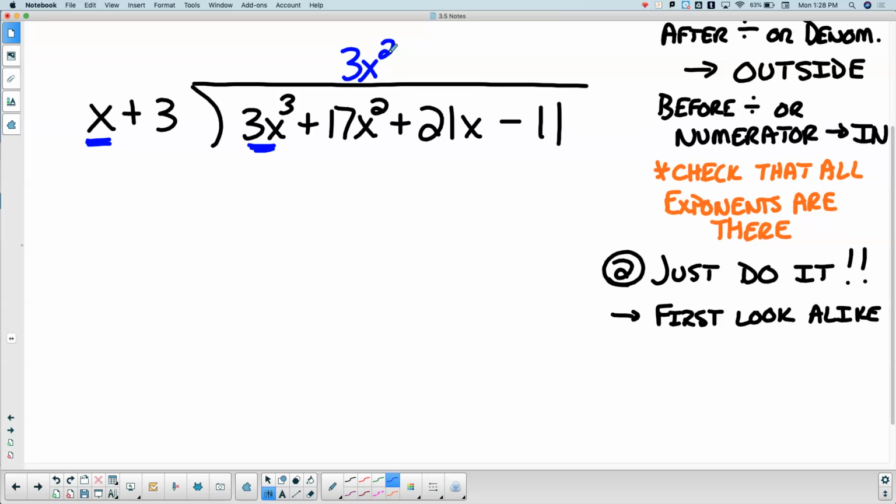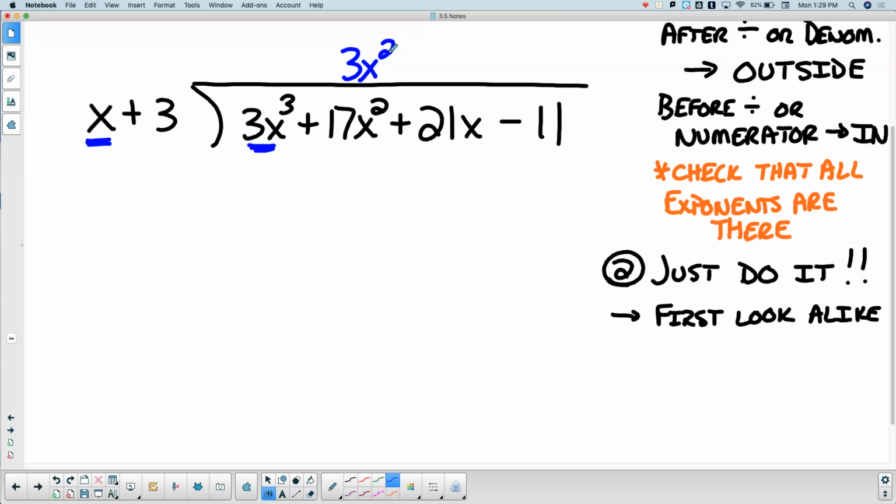So since we said we're going to multiply by 3x squared, I'm going to put that above the x squared term. That way, all of my x squareds are in a line. And you will see when we're done with this problem that all of my x squared terms are in a line, all of my x terms are in a line, and all of my number terms will be in a line.